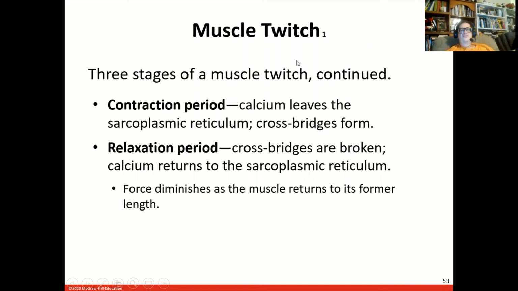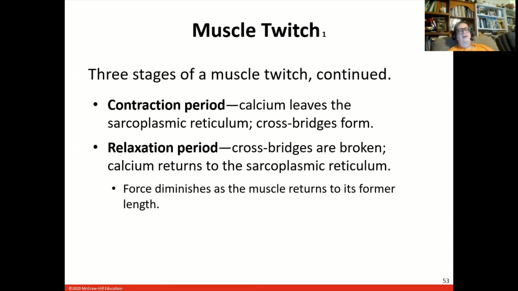All right, so the second stage is contraction. The calcium is going to come out of the sarcoplasmic reticulum and cross bridges form. Let's be more specific. The calcium will come out. The calcium will bind to the troponin, which will move the tropomyosin out of the way, exposing the binding sites for the heads of the myosin, and the cross bridges will form.